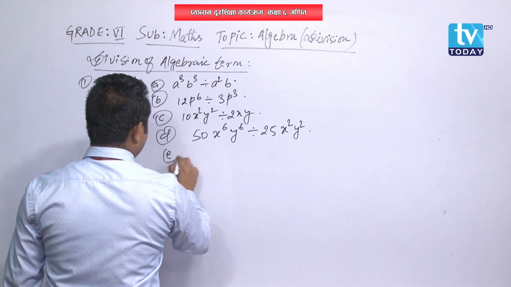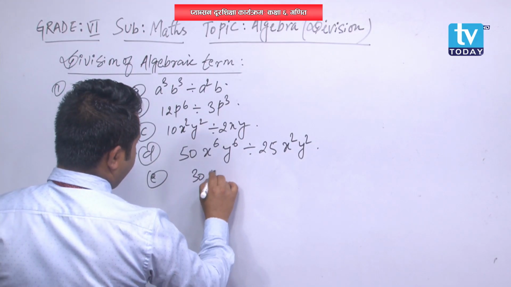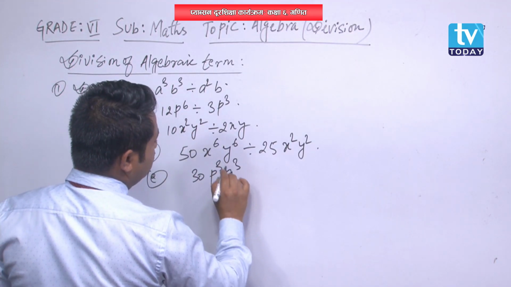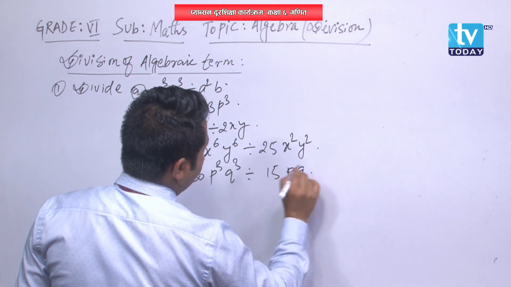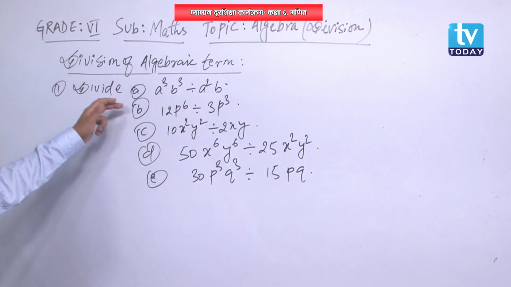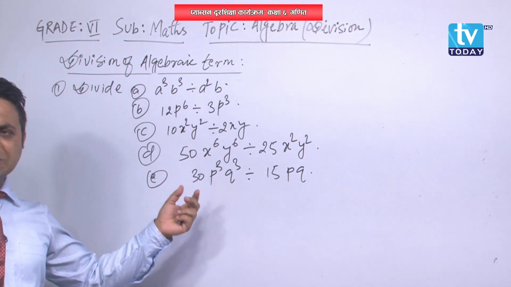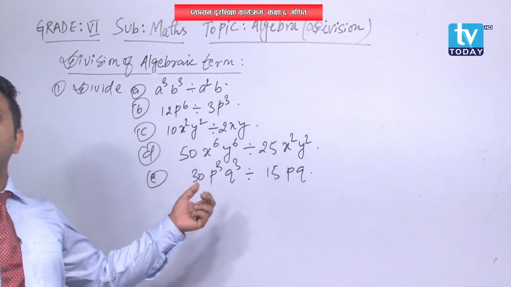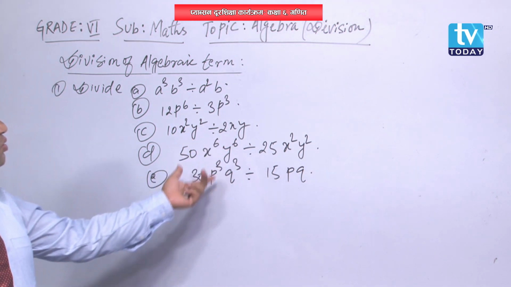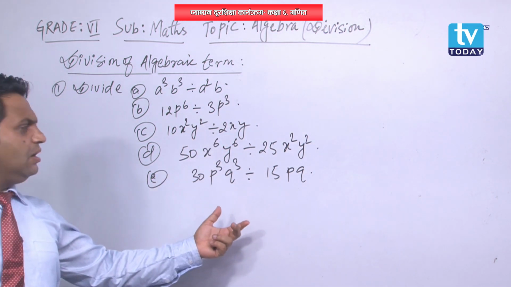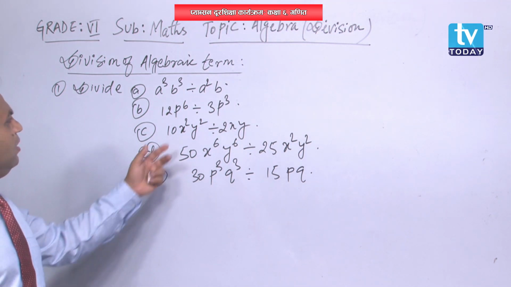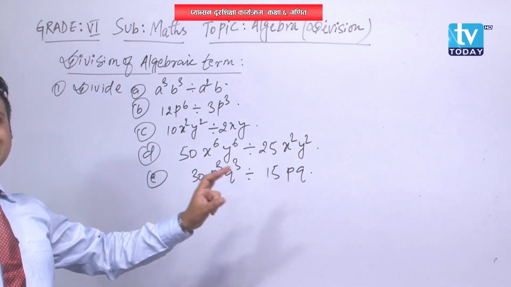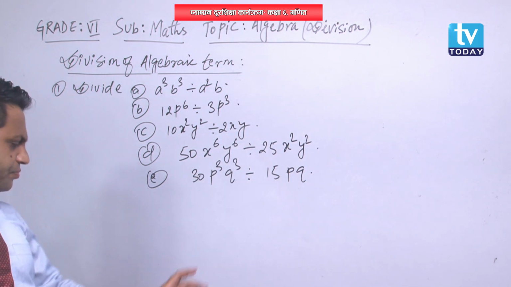And number e: 30 p cube q divided by 15 p cube. There are 5 questions. I am leaving these questions for you as a home assignment. Is that clear? All questions are similar to the previous questions. I have already solved 2 questions as examples, so you can solve these in a similar manner. Alright.